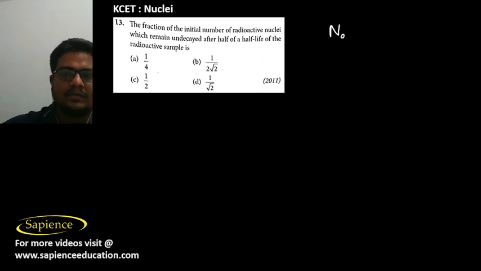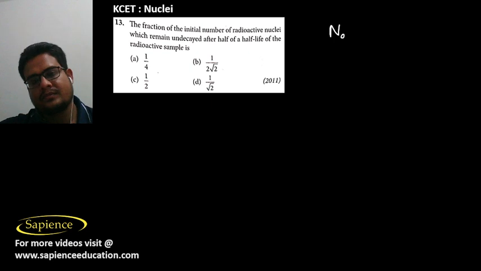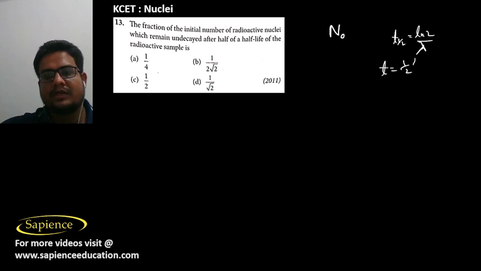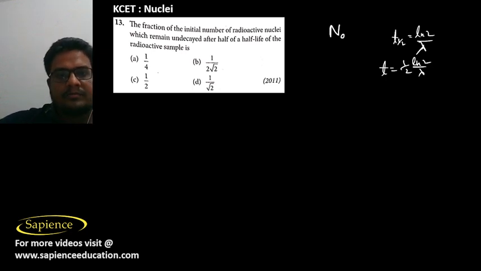Half of a half-life means: the half-life is ln2 by lambda, so half of the half-life means t is equal to half of ln2 by lambda, which will remain undecayed.